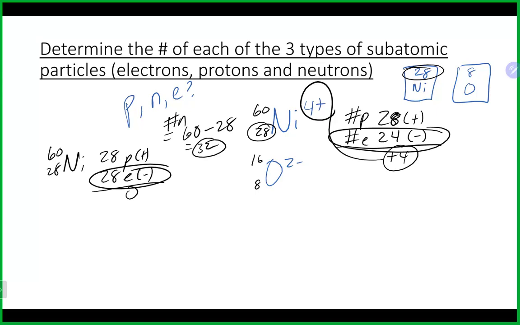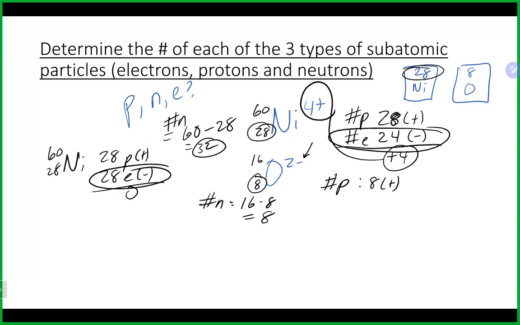All right, oxygen here. Again, our number of neutrons is going to be mass number minus atomic number, which will be 8. Our number of protons is going to match our atomic number, which is 8. We know that this is an anion, as it's negatively charged. That should mean that it has gained electrons, right?